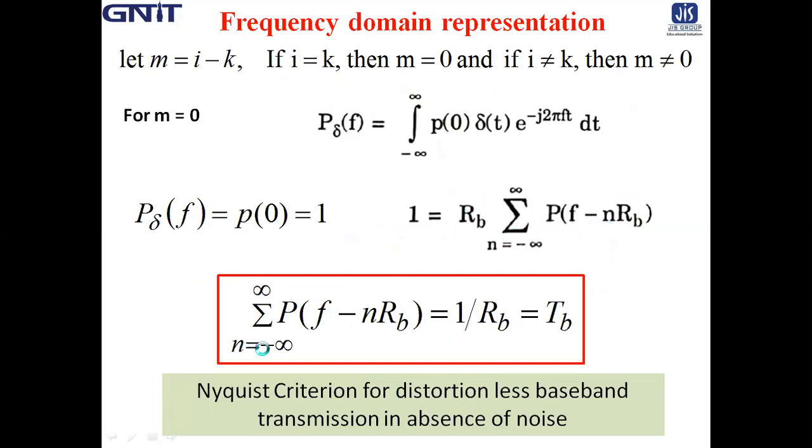So therefore, summation over n equal to minus infinity to plus infinity P(f − nR_b) equal to 1 by R_b, which is the same as T_b. So this expression is called the Nyquist criteria for distortionless baseband transmission in absence of noise.